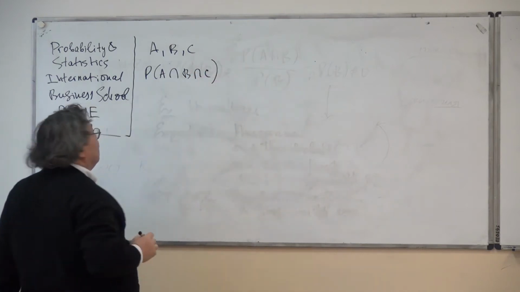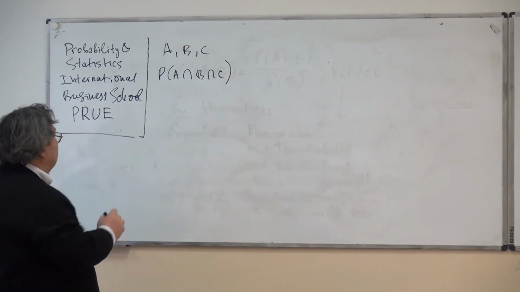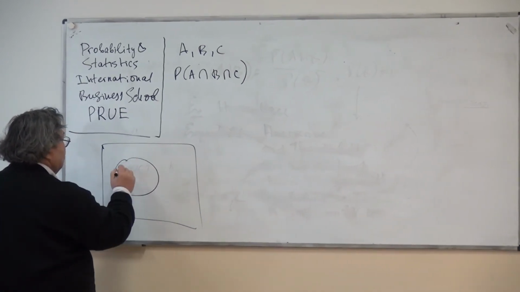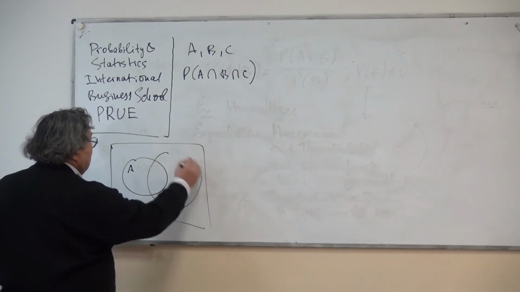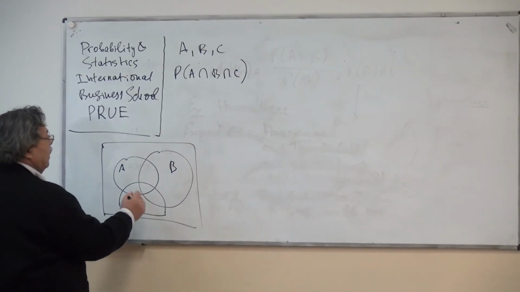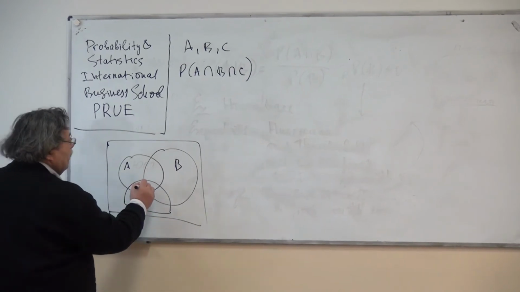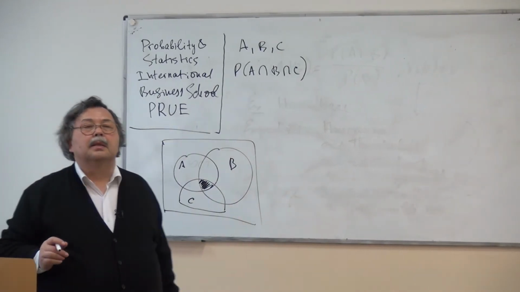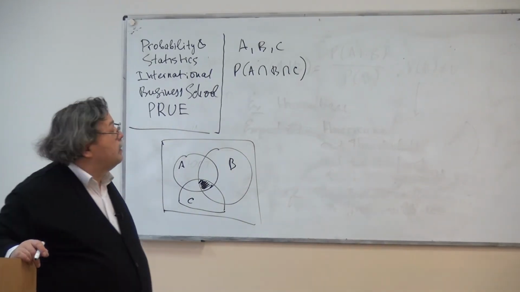Okay. Now, if we use a Venn diagram here, what are we talking about here? Suppose this is A, and this is B, and this is C. Now, this shaded area in the middle is the intersection of all the three events.